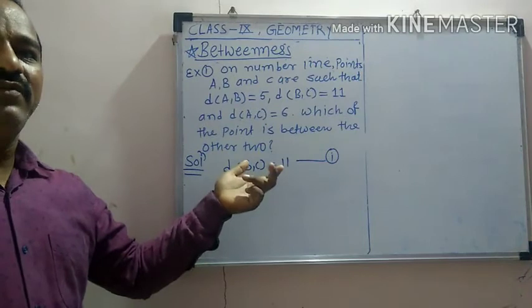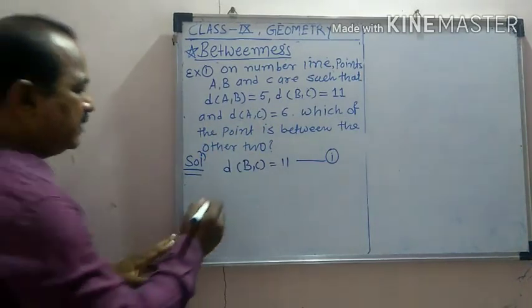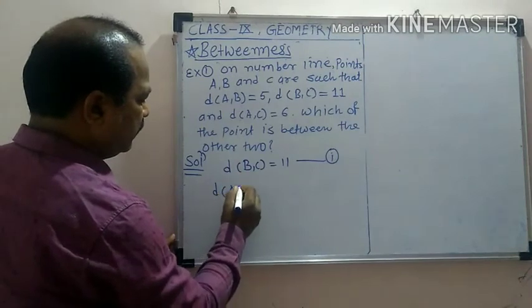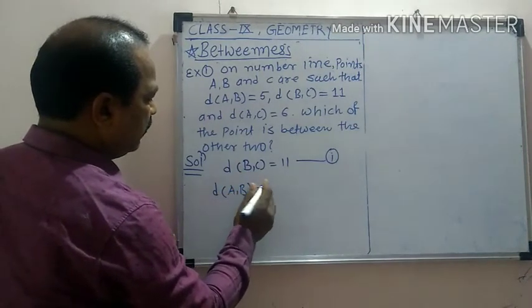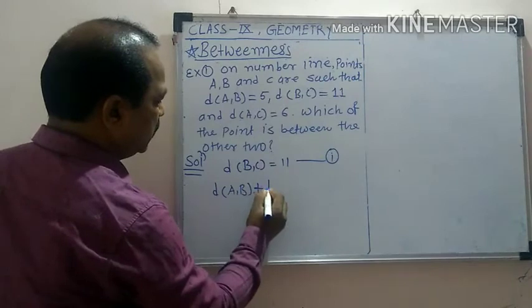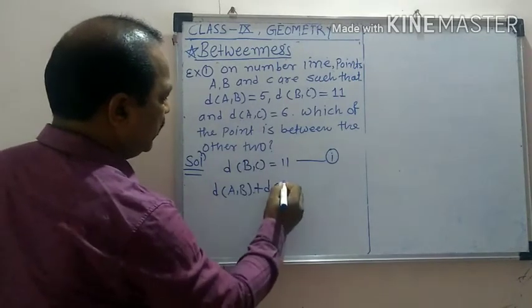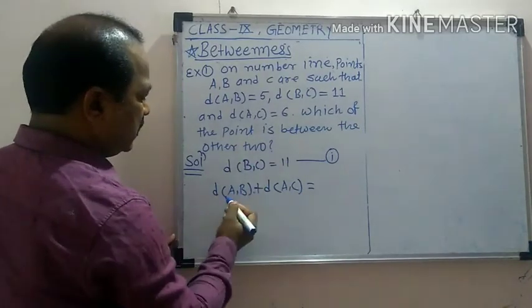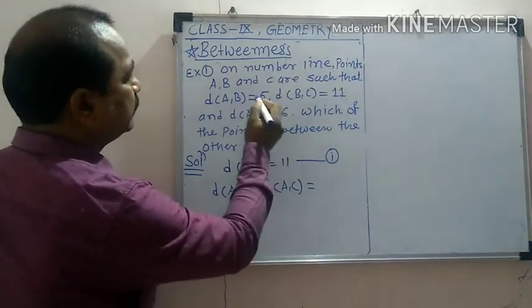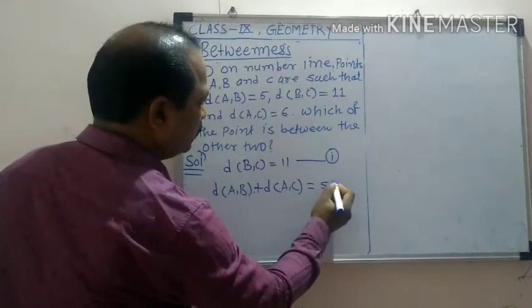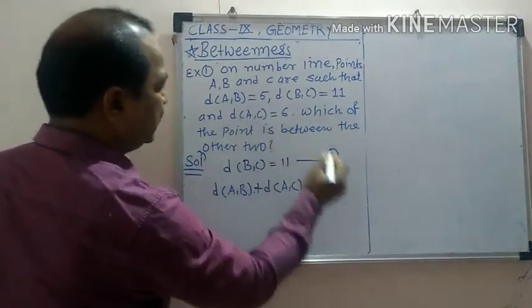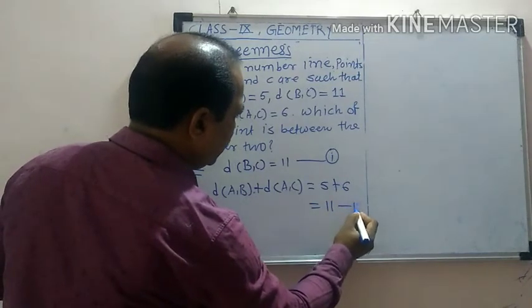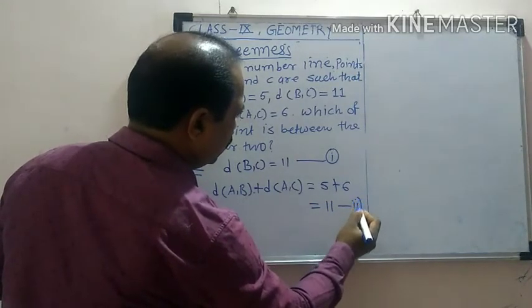Add the distance between the 2 remaining points, that is distance between A and B plus distance between point A and C is equal to 5 plus 6, is equal to 11. Name it number 2.